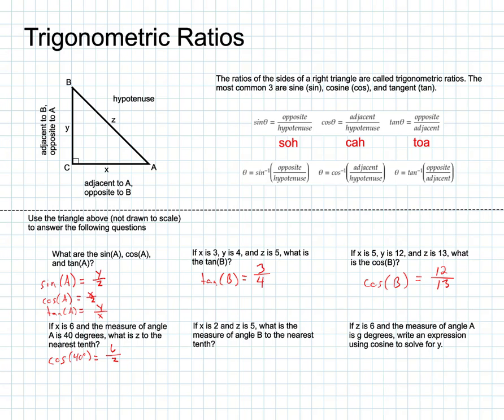So let's multiply both sides by z and divide both sides by the cosine of 40 degrees, and that way we can isolate z and solve for z. So that gives us z is equal to 6 over the cosine of 40 degrees. And we'll put that into a calculator to figure out z. That gives us, to the nearest tenth, 7.8.